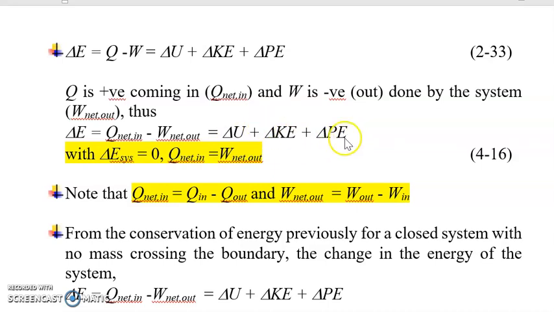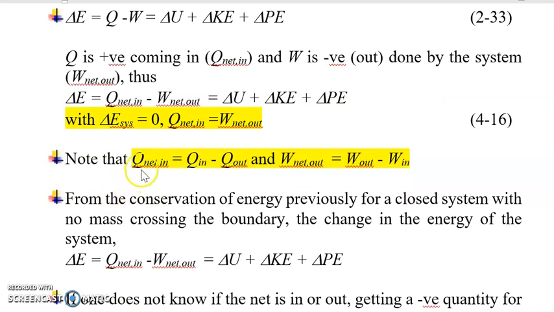So always include all the three terms, even though most of the time your closed system is stationary. So with the change of energy of the system being zero, you end up with Q net in being equal to W net out. It's simple.